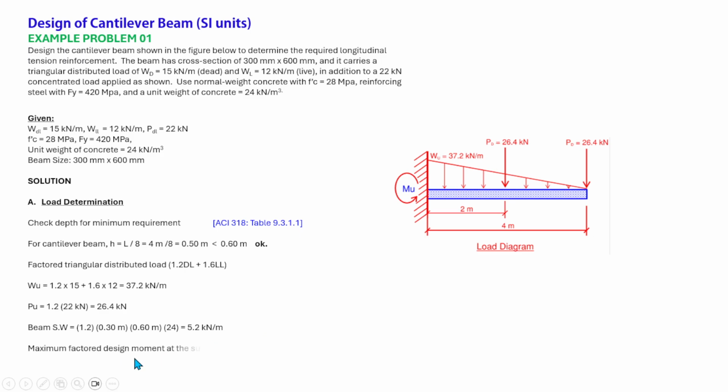So the maximum factored design moment at the support, taking moment at the face of the cantilever beam, Mu, is equal to 0.5 times 4 times 37.2, which is the triangular load here, times the moment arm, which is 1/3 of the span, or 4 meters over 3, plus 26.4 kilonewton times 2 meters, which is this one, moment arm is 2 meters, plus 26.4 kilonewton times 4 meters from here to there.